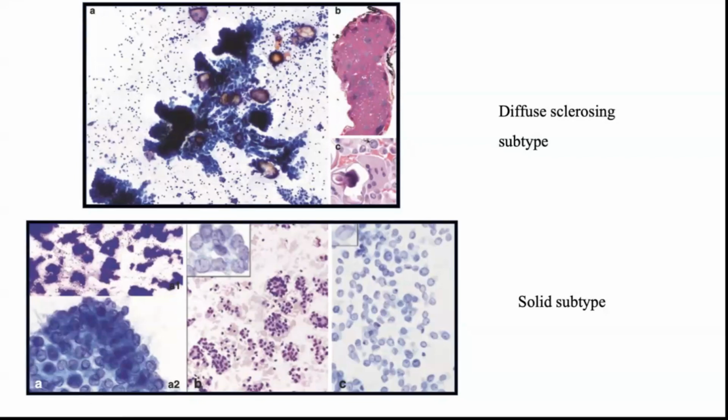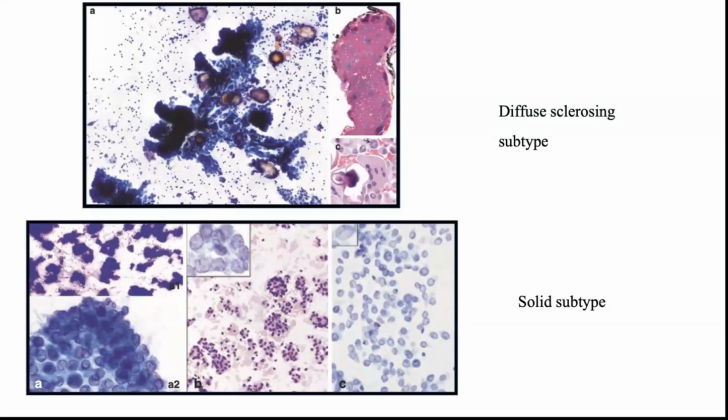There will be marked lymphocytic infiltration and prominent fibrosis. When on ultrasound the radiologist picks up a snowstorm appearance, that is what should alert you to a diffuse sclerosing subtype. They are actually the psammoma bodies and multiple calcifications that are present. It is aggressive, though present in children and young adults.